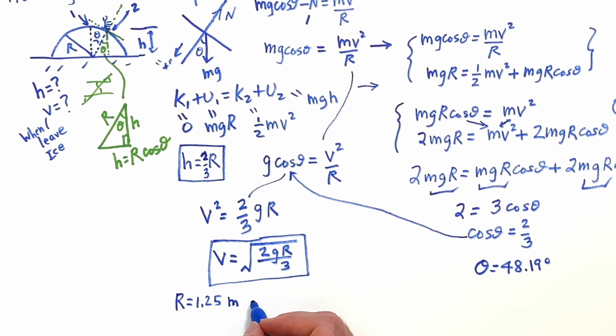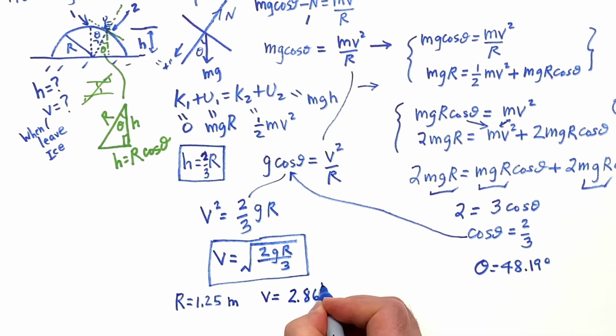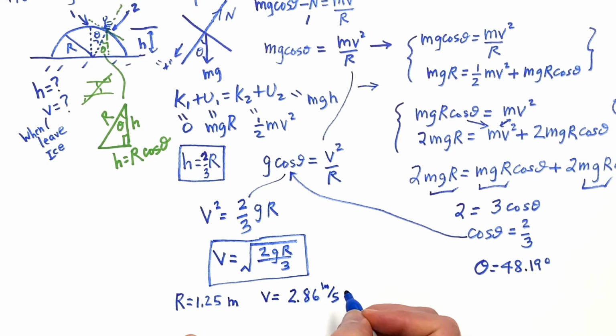If R is 1.25 meters, then we could go ahead and work this out, and when you plug in the 9.8 for the g and the R, you get 2.86 meters per second for the velocity, which is about 10 kilometers an hour, or close to 6.5 miles per hour.